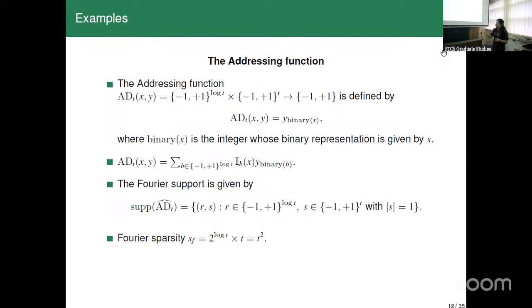Hence Fourier sparsity is equal to 2 to the power log t times t, which is t squared. So these are quite a few examples of Boolean functions.